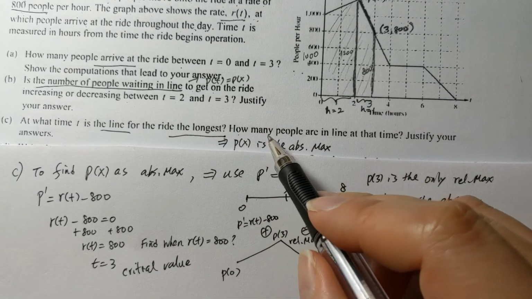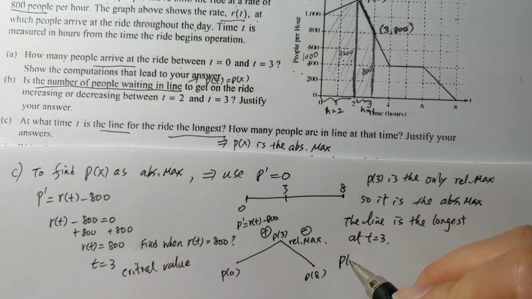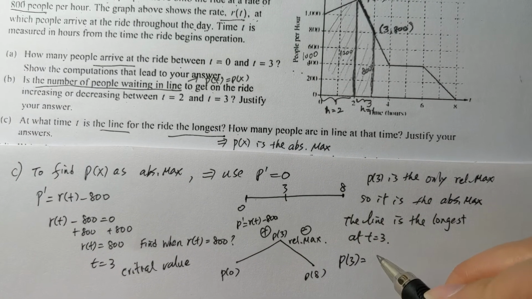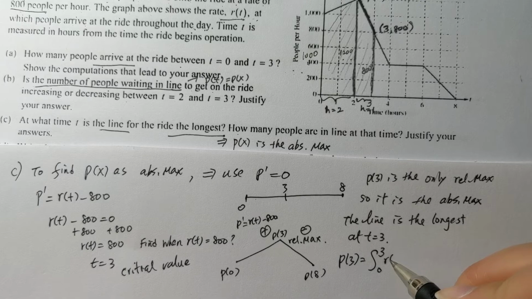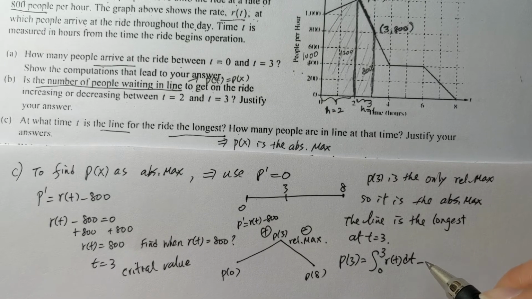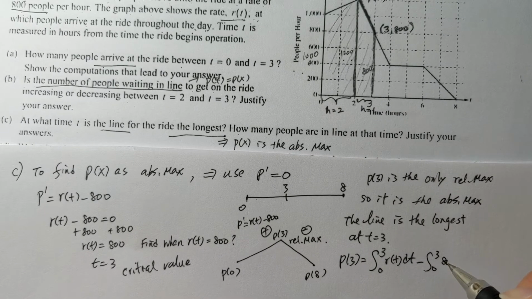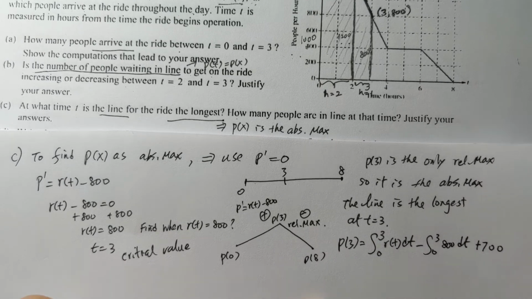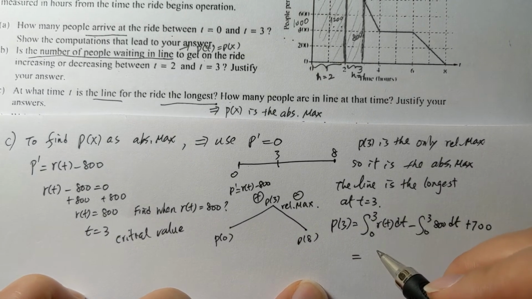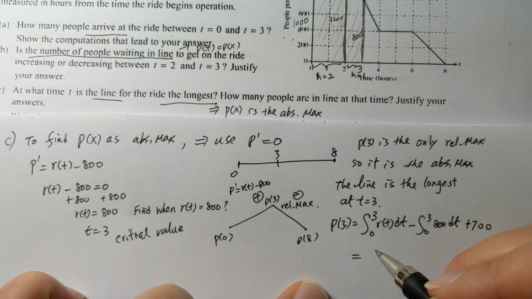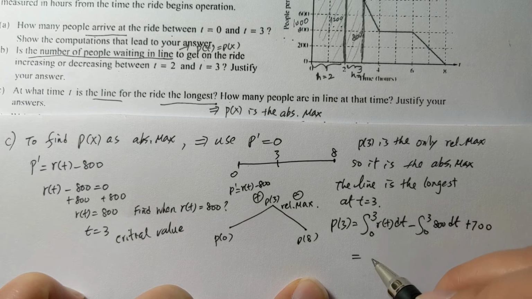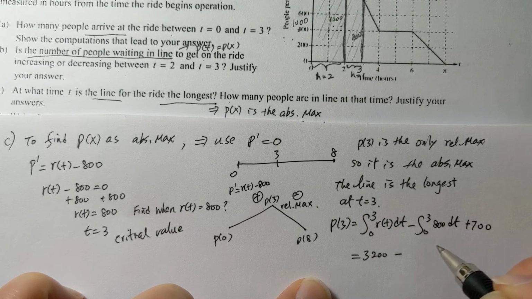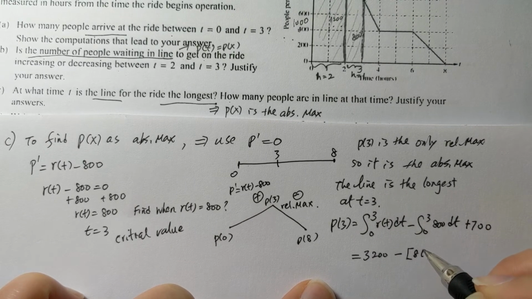And they also ask about how many people. So we have to find P(3). So we just do the integral from 0 to 3 of R(t) dt minus the integral from 0 to 3 of 800 dt, and plus 700. From the previous part, we found out that the integral from 0 to 3 of R(t) dt is 3,200. So we just have to calculate the other part over here.